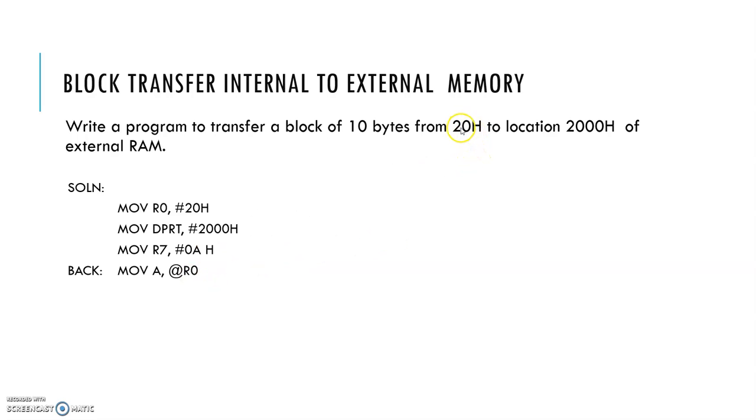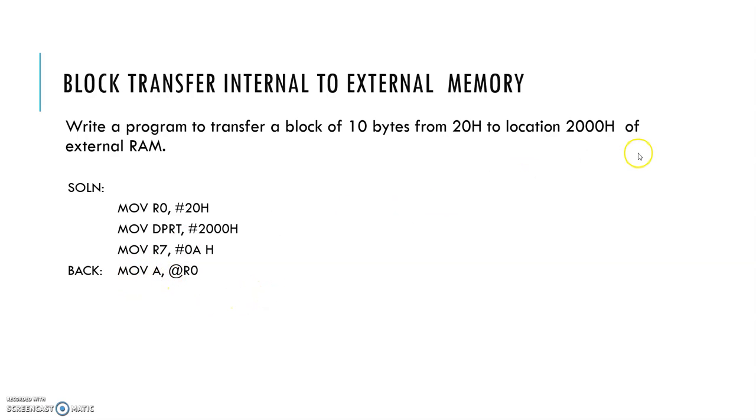So we took the first number from 20 hex, and the first number is transferred to the accumulator register, and from there we are transferring it to the location 2000 hex, and this should repeat 10 times. So first the data pointed by R0, that is 20 hex, is transferred to the accumulator register.